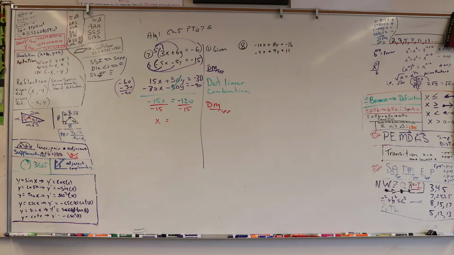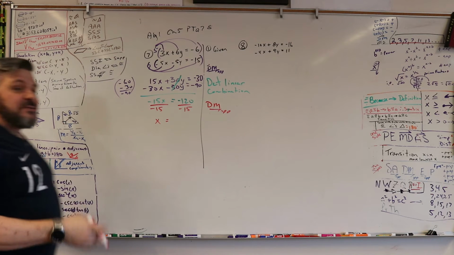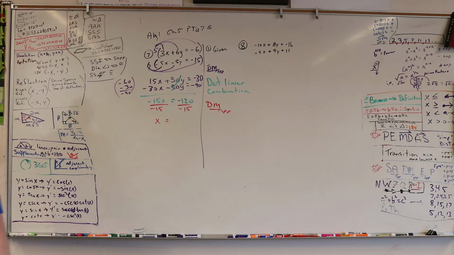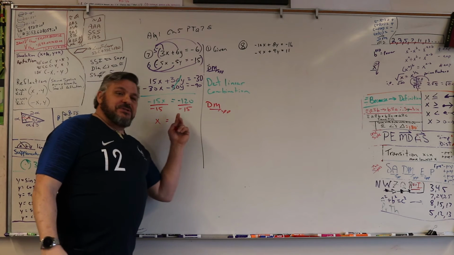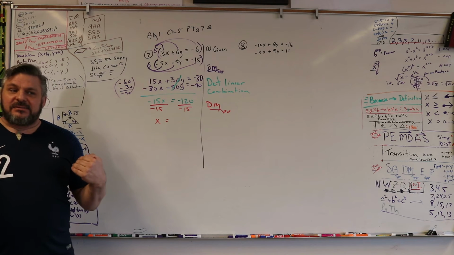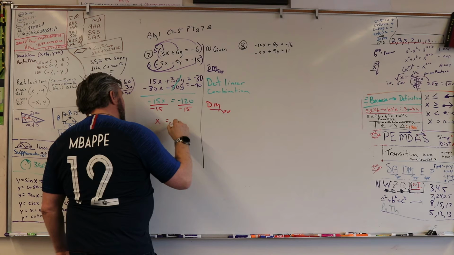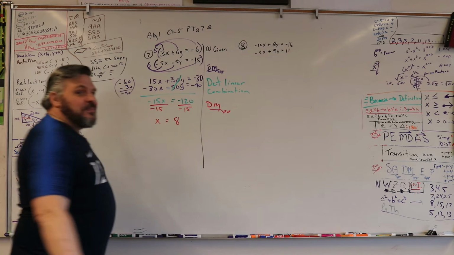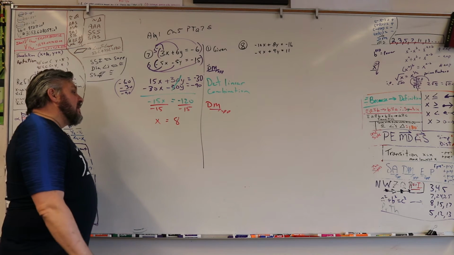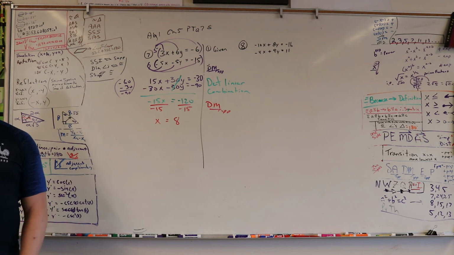Well, how many times does 30 go into 120? 3 goes into 12 4 times. So 30 goes into 120 4 times. Well, there's 2 15s in 30, right? So that means 2 times 4, which is 8. So a negative and a negative makes a positive. So 8 is your answer.